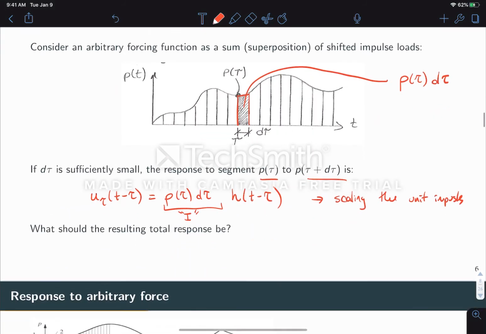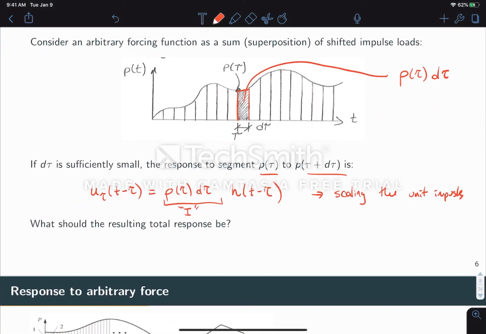Okay, so we're simply scaling the unit impulse response based on the magnitude of the force at that particular instance. And then the total response will simply be the sum of all the shifted and scaled impulse responses, which can be expressed as the sum of all the impulse responses at every tau from 0 to infinity.